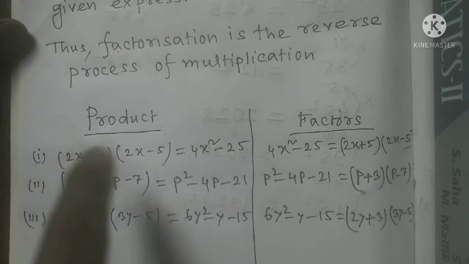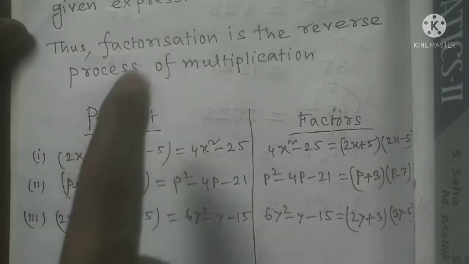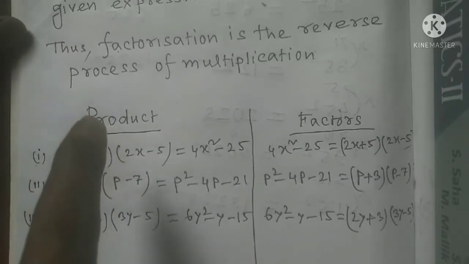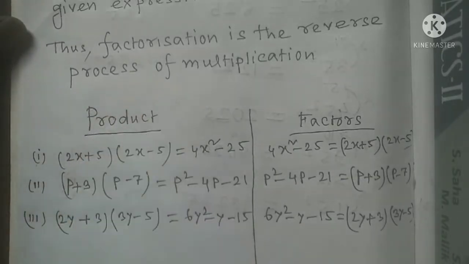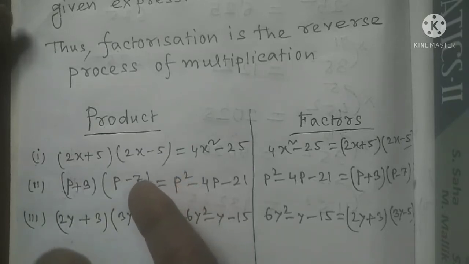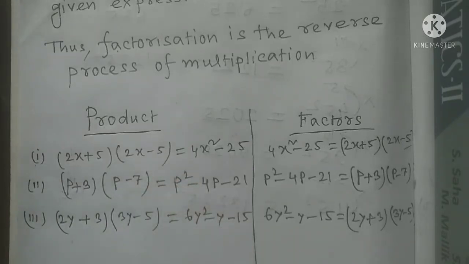This is the example of factorization. Factorization is the reverse process of multiplication, and in this example you can easily understand.